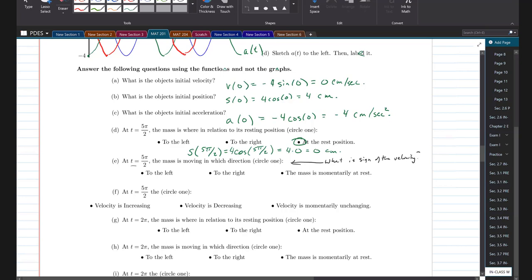You compute the velocity at 5 pi over 2, which is minus 4 times the sine of 5 pi over 2. The sine of 5 pi over 2 is 1, multiplied by negative 4 gives negative 4 centimeters per second. Since the velocity is negative, we're moving to the left.